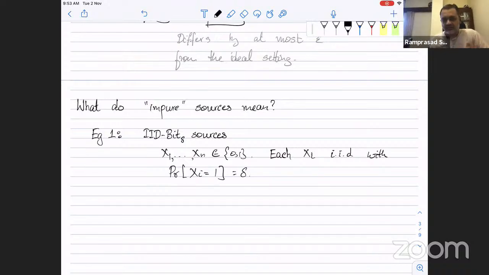Of course, if delta was equal to half, then we are talking about normal uniform random bits anyway. But if delta is not half, inherently this is not really a purely uniform random stream. But obviously, there is some amount of randomness in this system that we should be able to use for our algorithms. Okay. So this is one example. Now let's ask ourselves: can we build extractors for them?